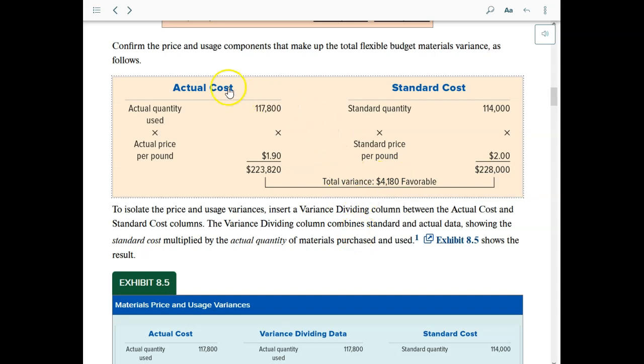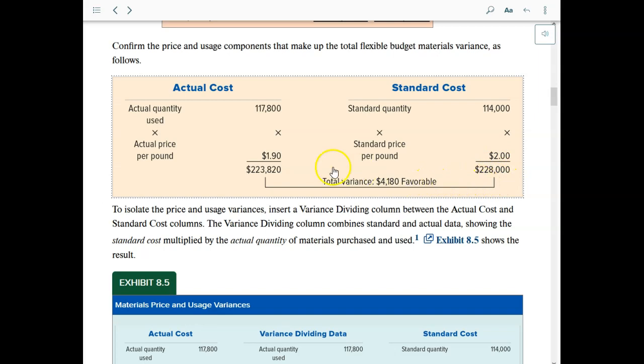All right, actual cost in total compared to the standard cost in total. Look what we're doing. Actual quantity used times actual price, we paid $223,820. The standard called for using only 114,000 pounds at $2 a pound, $228,000.